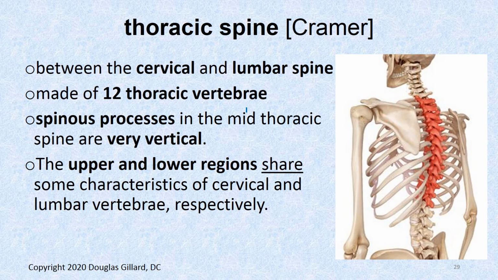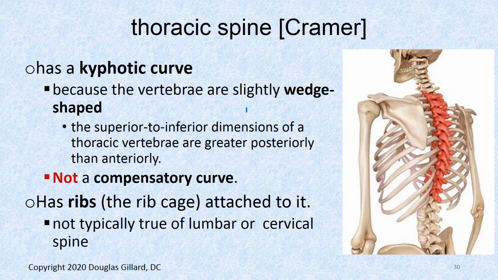Okay, let's talk a little about the thoracic spine now, more in general. Of course, it's between the cervical and lumbar spine. There are 12 thoracic vertebrae. Spinous processes are very vertical in the middle. We talked about that. The lower and upper regions share some characteristics with their adjacent segments. So the upper thoracic resembles the lower cervical, and the lower thoracic resembles the upper lumbar in some respects.